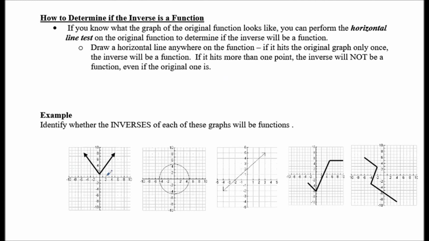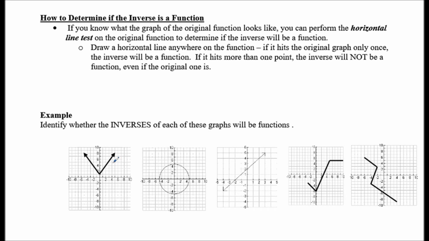Now, here's what's cool. The exact same 5 questions, but this time I don't want to know if these guys are functions. I want to know if their inverse would be a function. Now, you could graph the inverse if you wanted to, but then you'd have to spend some time graphing the inverse and doing the vertical line test. But go back to the beginning of my lesson. Haven't I said that everything in an inverse swaps?